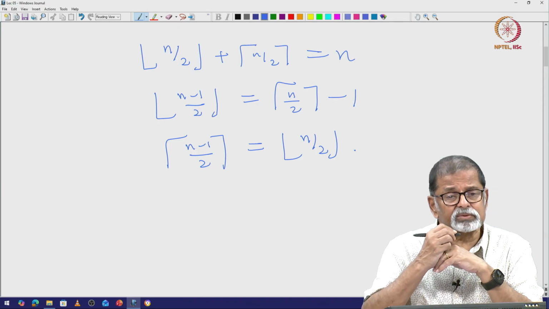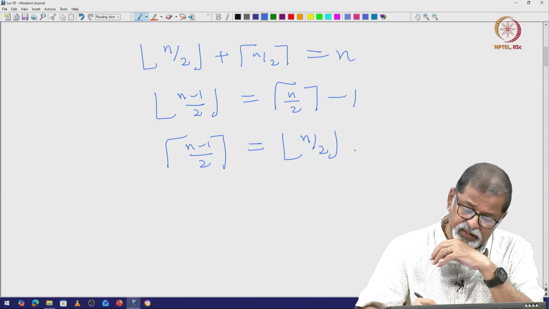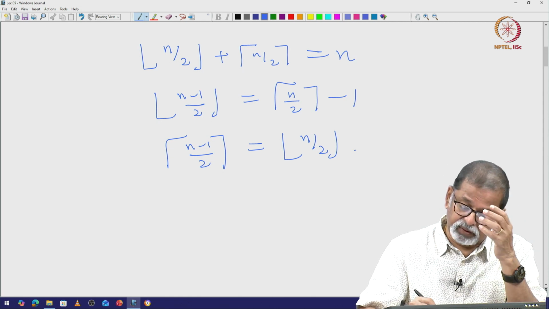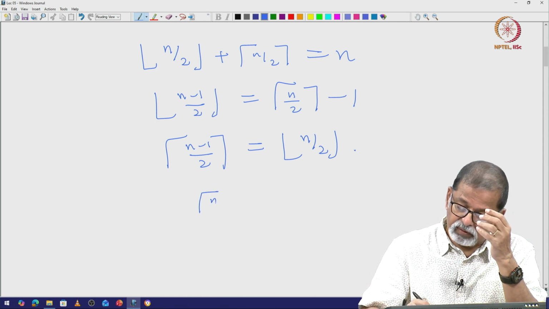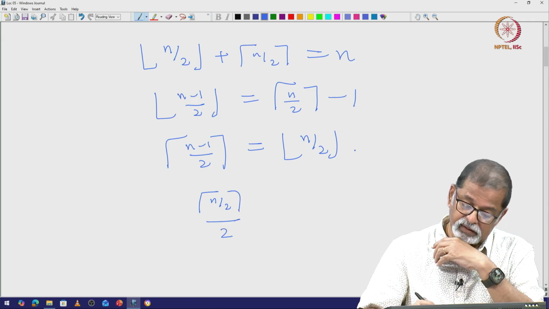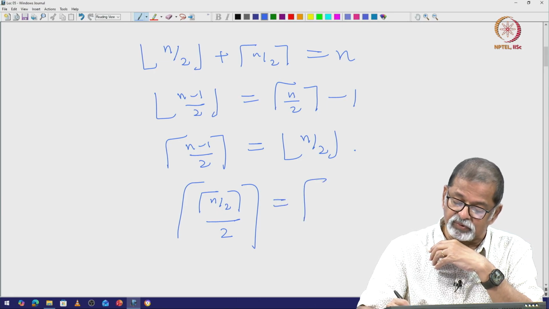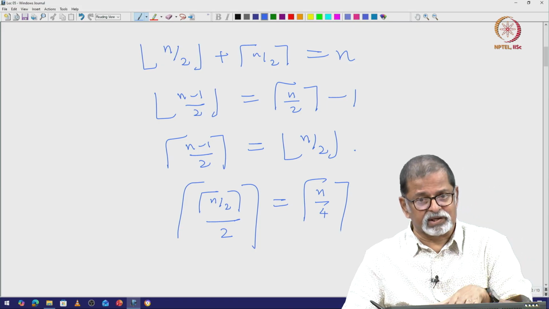We can also show that if you have floor(n/2), you divide by 2 again and take floor, this is same as taking floor(n/4). This can be generalized.